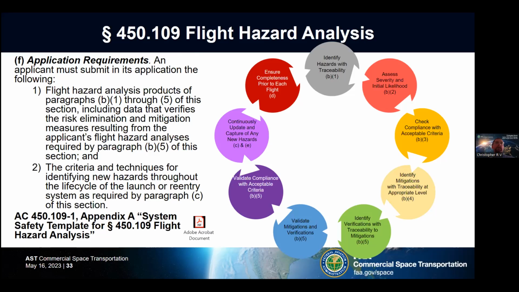Application requirements. The applicant must submit first the flight hazard analysis products of paragraph B1 through 5, which are shown in the color wheel, and the criteria and techniques for identifying new hazards throughout the life cycle of a launch or reentry system as required by paragraph C. Additionally, there is the appendix for a system safety template for the 109 flight hazard analysis, shown on the next slide.